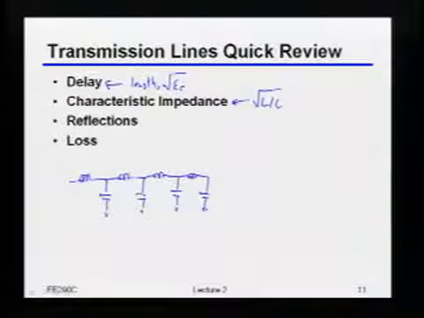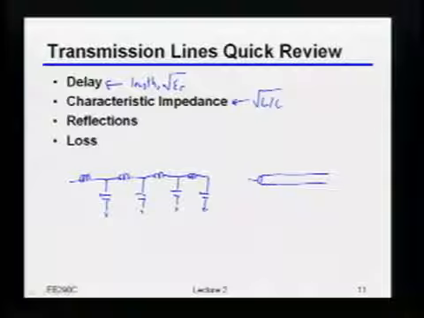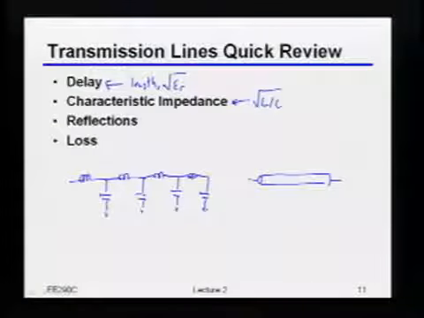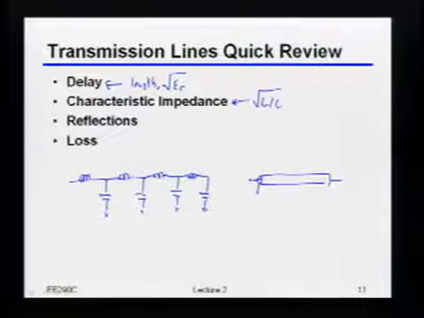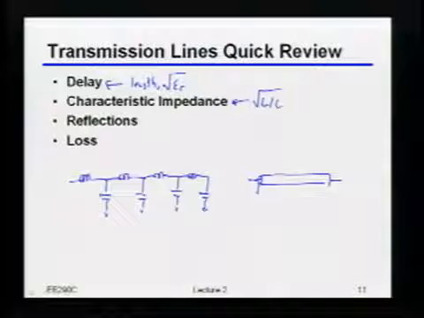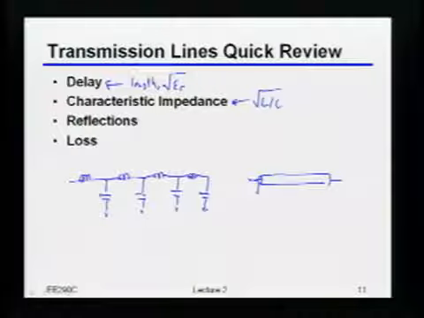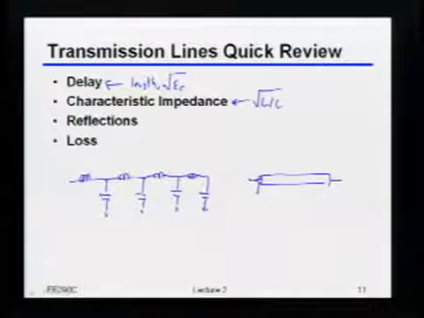So characteristic impedance is the ratio of those 2 quantities. Also, to be 100% clear, usually the symbol for that looks like this. To be very precise, sometimes people will also show the ground shield on there, because this is reminiscent of a coax cable. So sometimes people draw that line there. That's what people mean by that.